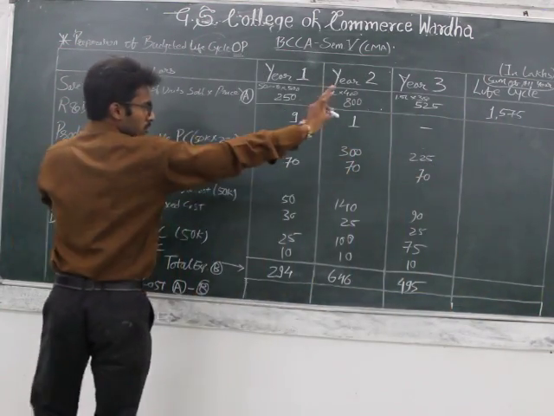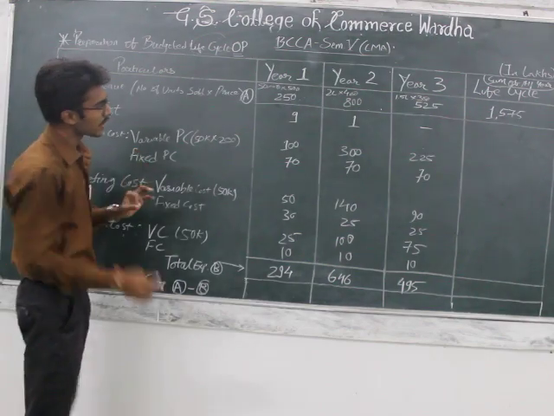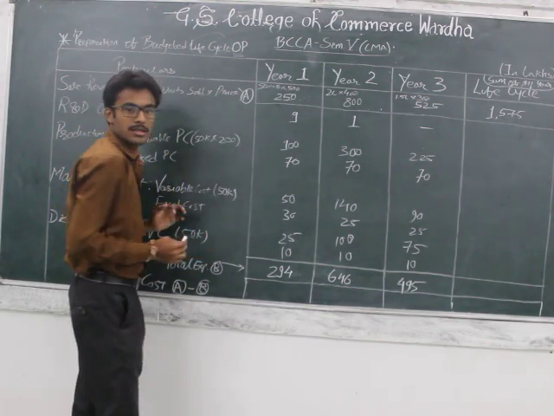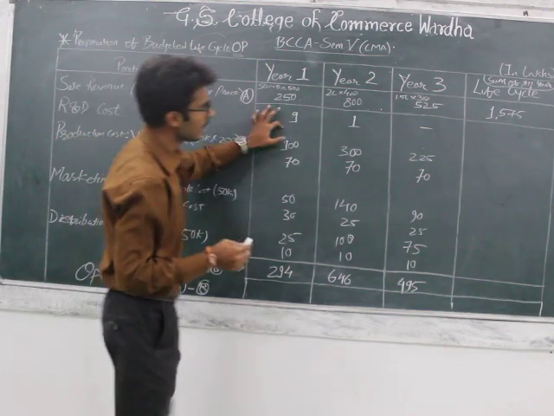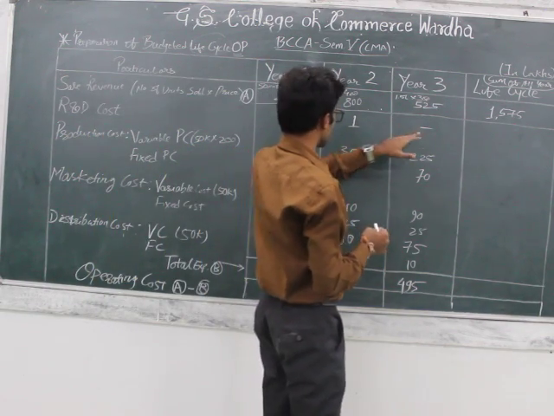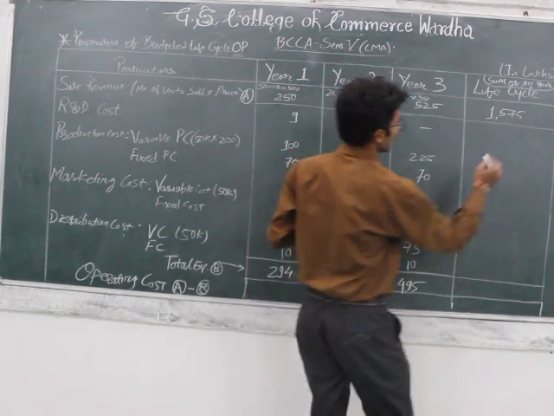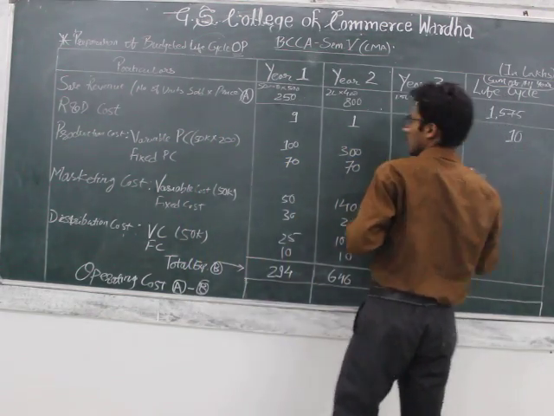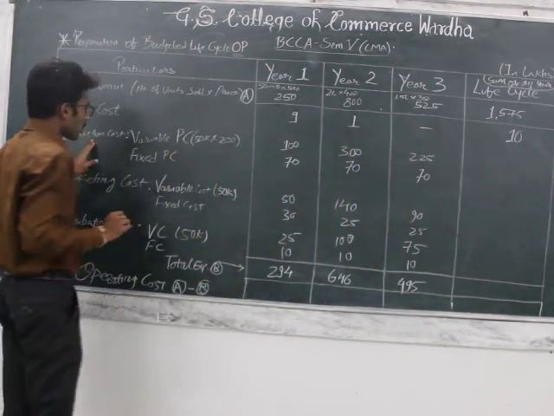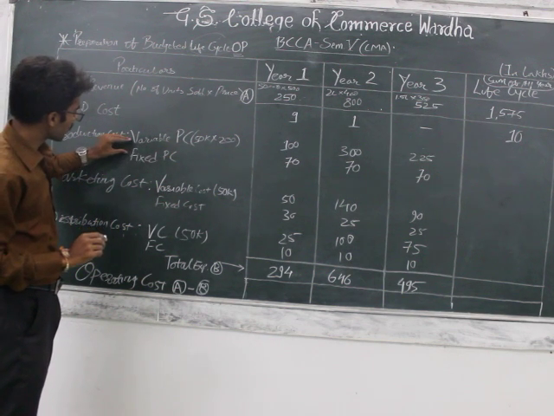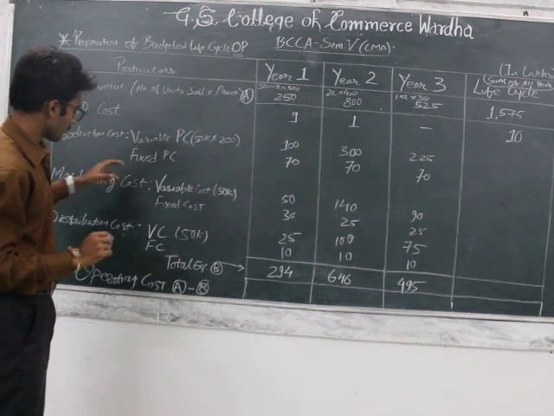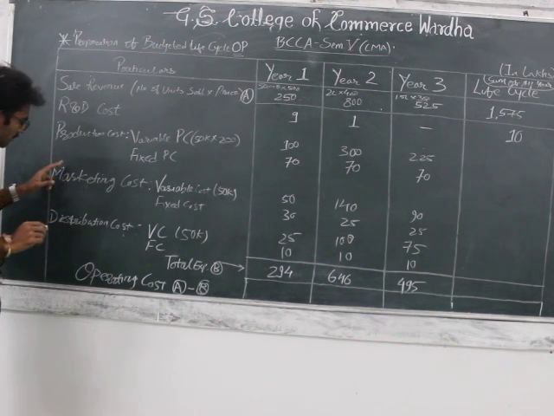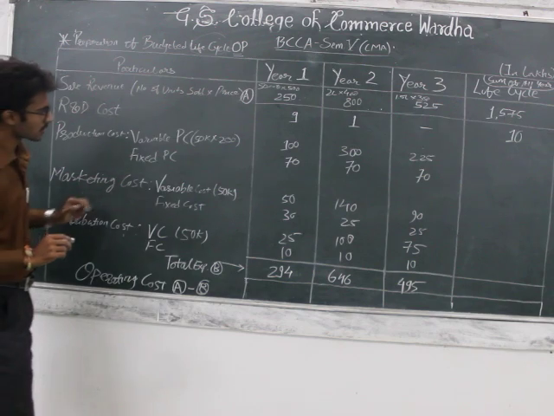The same process will be conducted for all these costs. Research and development cost: 9 plus 1 plus nil, so 10. For production cost we have two costs, variable cost and fixed cost, and the same in marketing cost and distribution cost.